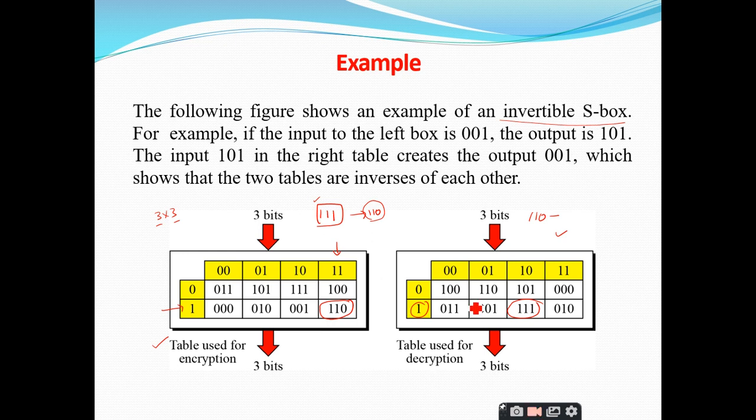Right. So this is the meaning of invertibility. When we use one box for the encryption, the inverse of the same box can be used for the decryption. Is it clear? Now I think you might have got a clear idea of what invertibility is. One box is used for the encryption and the inverse box is used for the decryption. That's it.